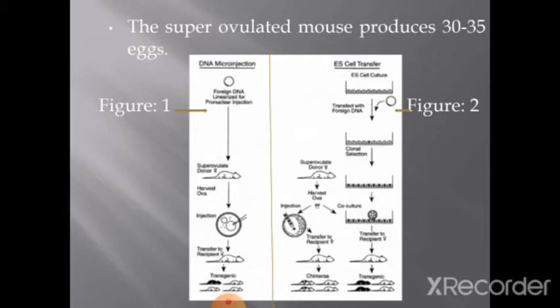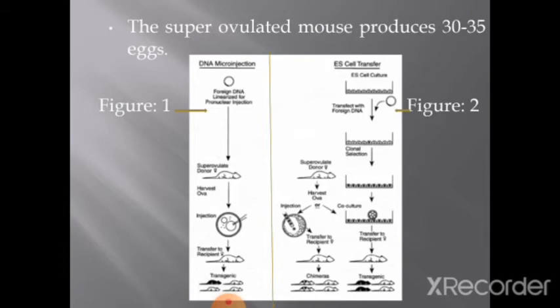So the mouse carrying the foreign gene is the transgenic founder, this black one, from which you can establish pure transgenic lines. This is how you are going to produce a transgenic mouse by the DNA microinjection method.